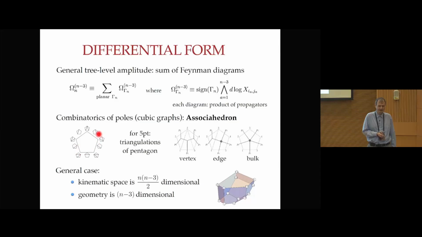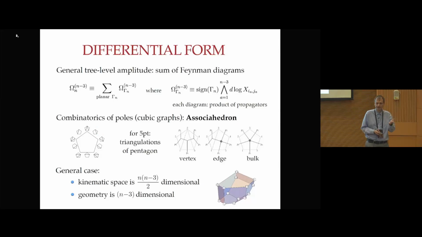One definition is that it's all possible triangulations of a pentagon, for this case. Each vertex corresponds to one way to triangulate a pentagon, and each edge corresponds to removing one of the diagonals from the triangulation. The two vertices adjacent to an edge exactly share that given diagonal in the triangulation.